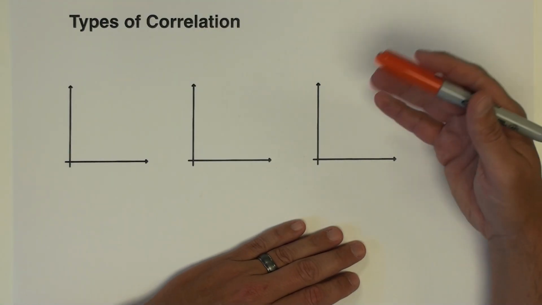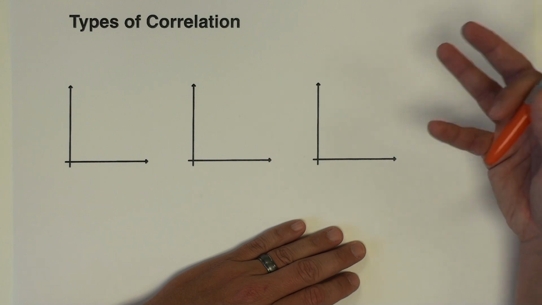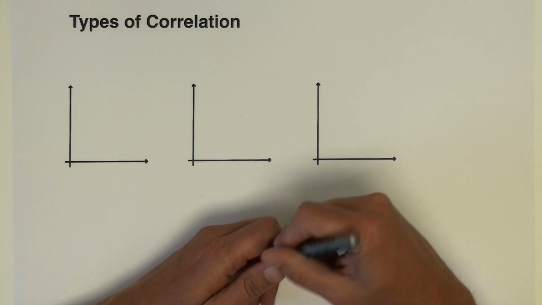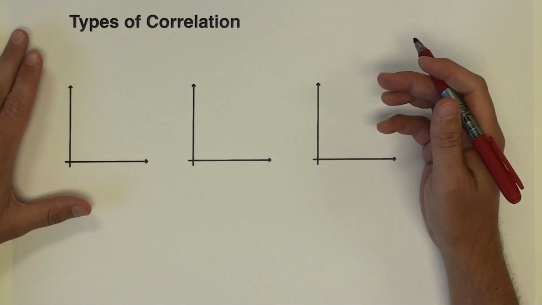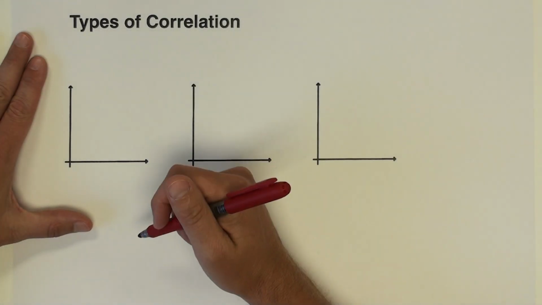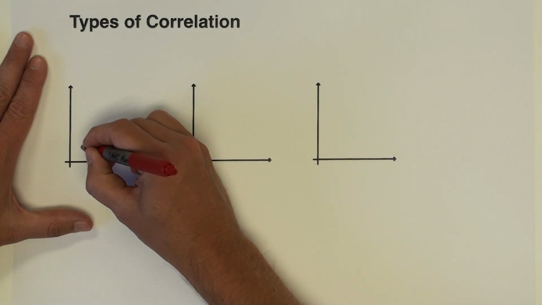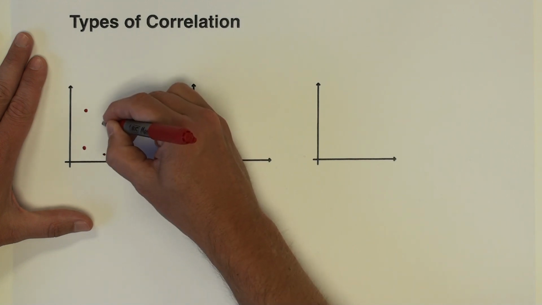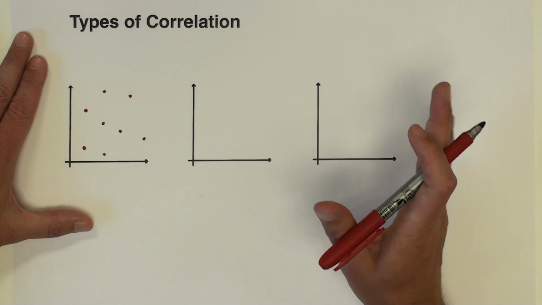Okay, so what do we mean by correlation? What types of correlation are there? In other words, what could happen when we take a set of data and plot it on a graph? Well, it's possible that if we were to take some bivariate data and plot it, we get a scatter plot with points just scattered everywhere.